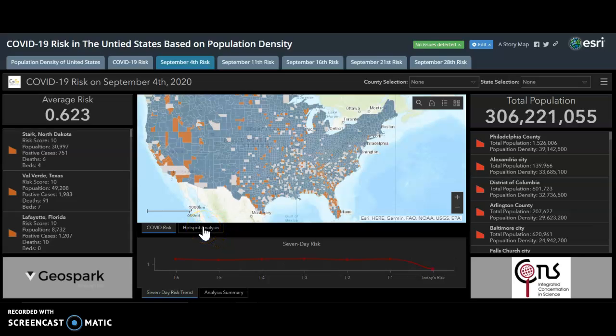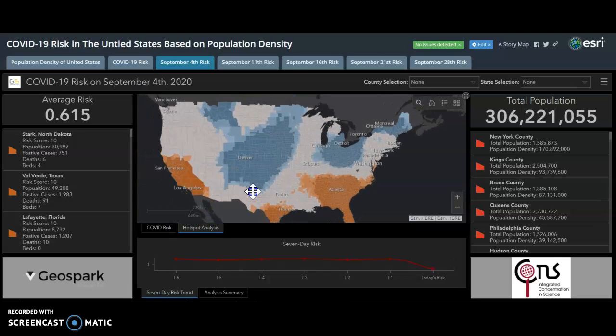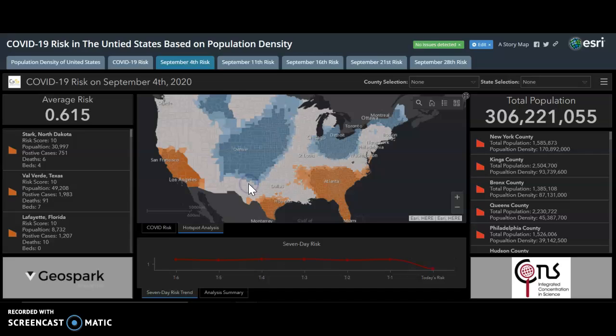During the week of September 4th in 2020, we were able to identify 3 different major hotspots across the United States. The first being in Southern California, containing the 2 major cities of Los Angeles and San Francisco.